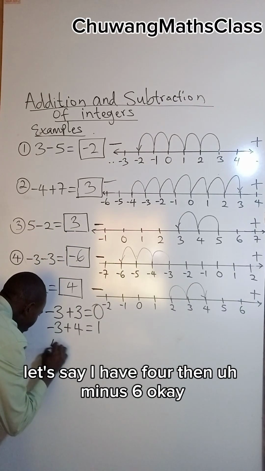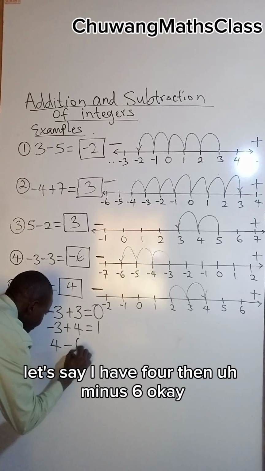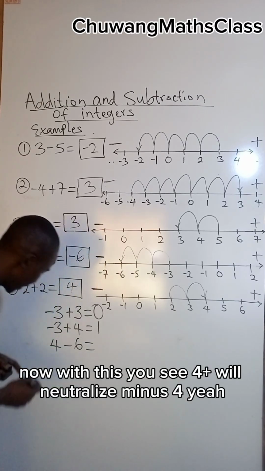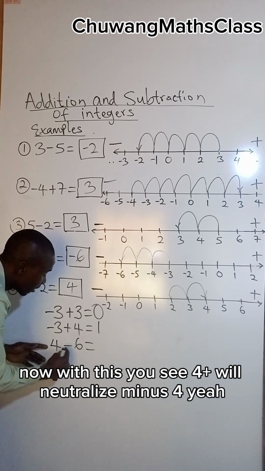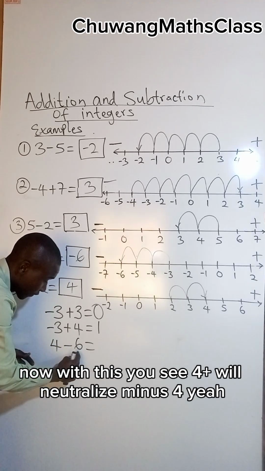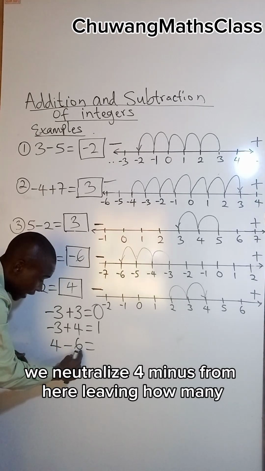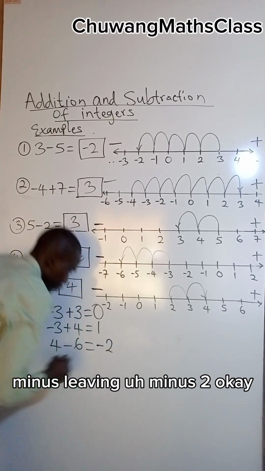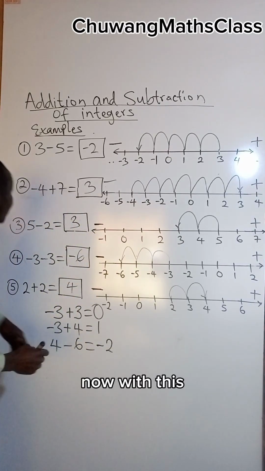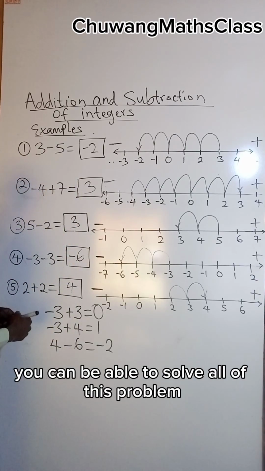Now let's have another example. Let's say I have 4, then -6. With this, you see 4 plus will neutralize 4 minus from here, leaving how many minus? Leaving -2. Now with this, you are able to solve all of these problems.